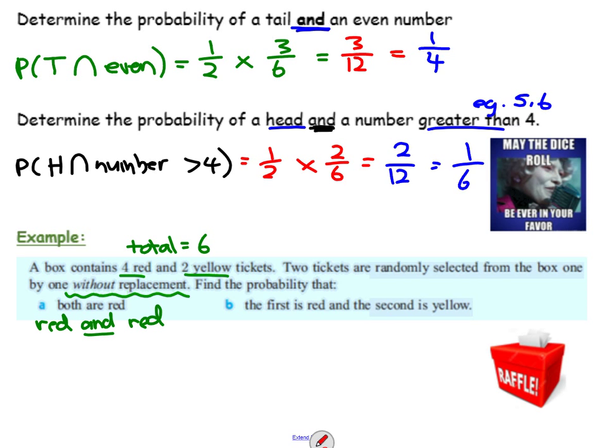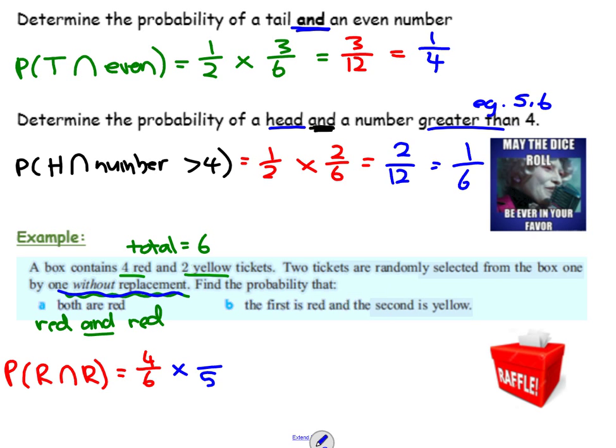So probability of a red and a red means probability of a red intersect red, which means you multiply the two probabilities together. So there's 4 red to begin with, so there's a 4 in 6 chance because there's 6 in total. But because you're not replacing, once you take that first red one out, how many tickets in total will be left? There'll only be 5 tickets in total left because it's without replacement.